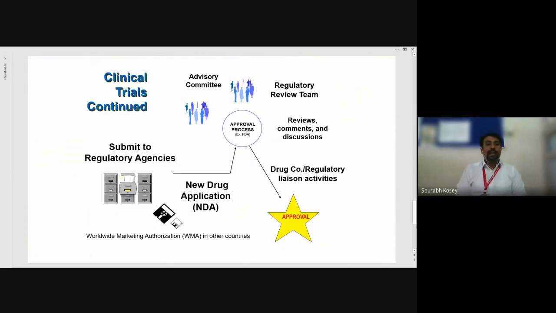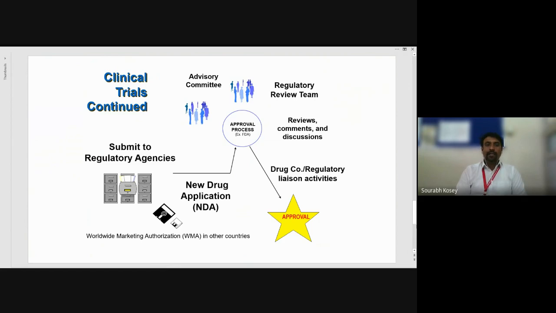The clinical trial continuously goes with the advisory committee, human ethics committee, infection control committee, and certain regulatory authorities like CDSCO, CIOMS, IPC, and various drug control authorities. The regulatory review team comes for audit, quality audit. Internal audit first takes place within the clinical trial team, and afterwards the external auditor comes for the audit, and hence they have some reporting.